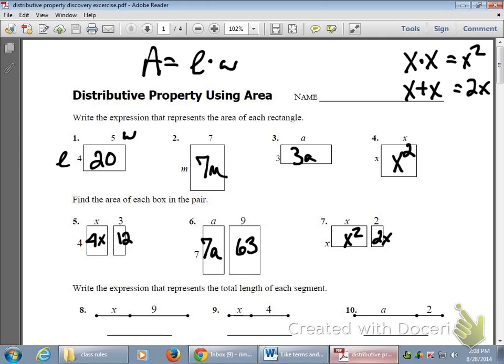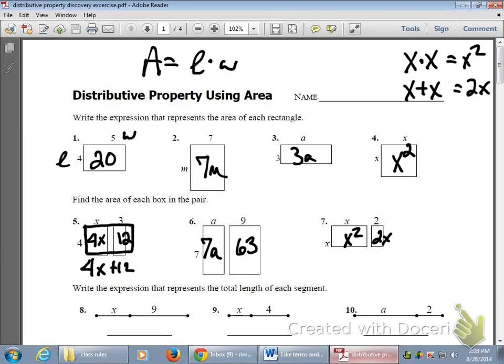Find the areas. But I want you to go back and look at number 5 for a second. If this first rectangle is a 4x and the second rectangle is a 12, what would the two rectangles put together be? It'd be 4x plus 12.